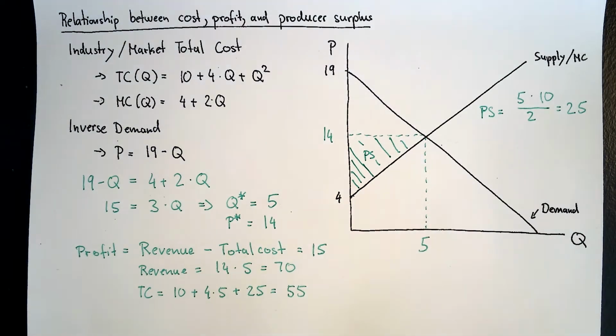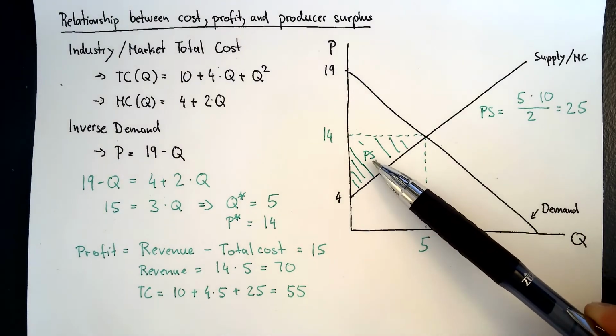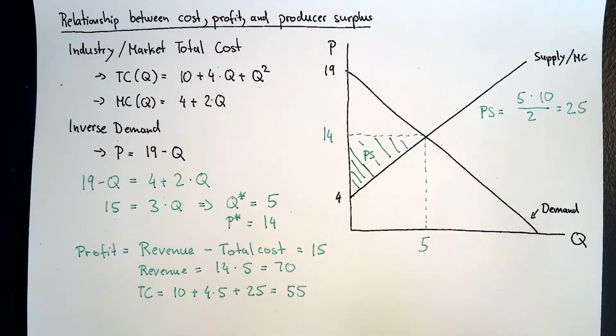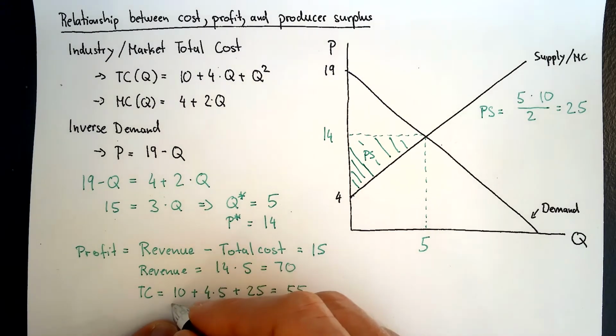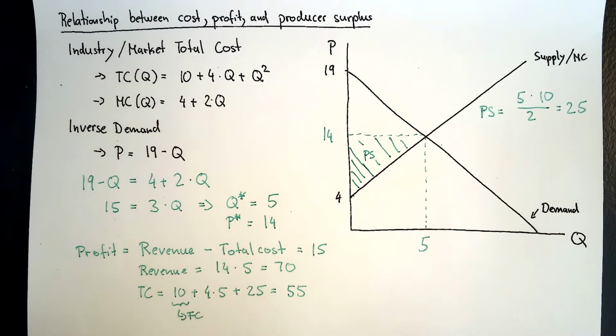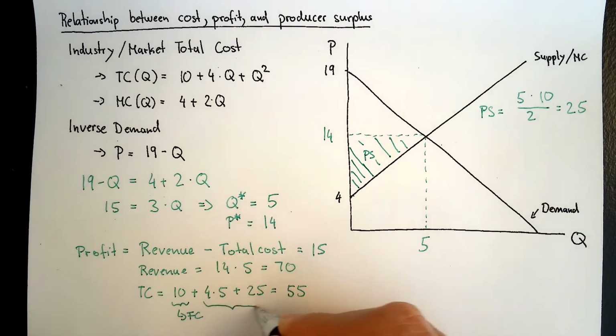Note that the difference between profit and producer surplus is actually the amount of the fixed cost. Okay, so here we have a fixed cost of 10. So this part here is the fixed cost, and then this part here is the variable cost.